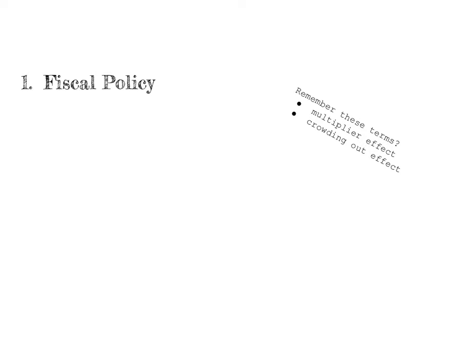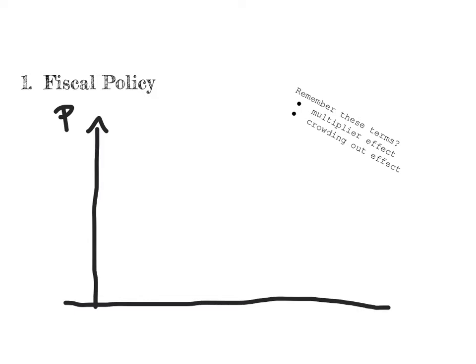So let's do this. Maybe I'll do black, easier. We'll do a y-axis. How do we label this y-axis? It's P, right? It's the price level. And then we are going to do a beautiful x-axis. What is on the x-axis? It's Q, right?